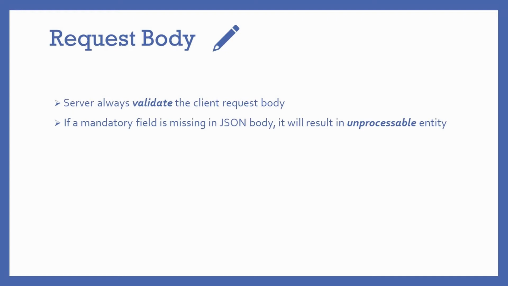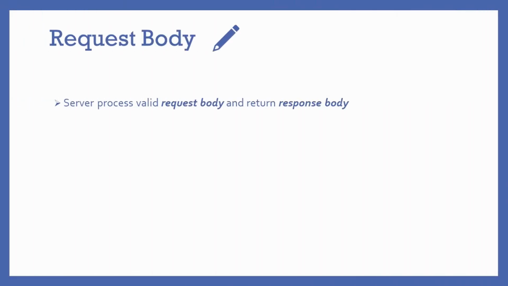For example, if a client sends JSON data with tags not defined according to the schema, or when a mandatory field is missing in the JSON body, such a request from the client will not succeed and the server will consider it an unprocessable entity. All valid types of request body will be accepted by the server and processed.